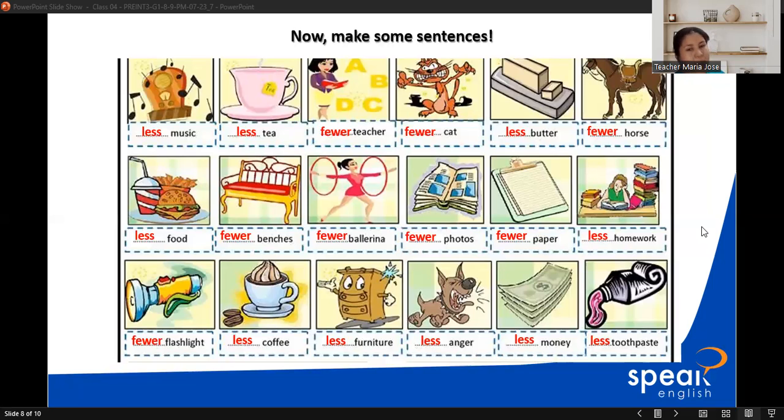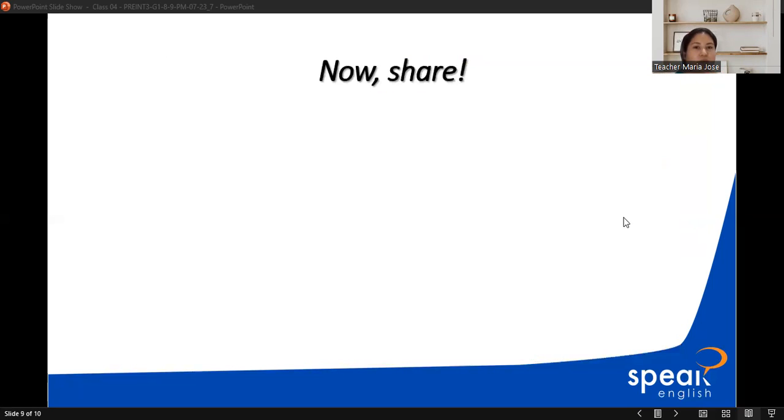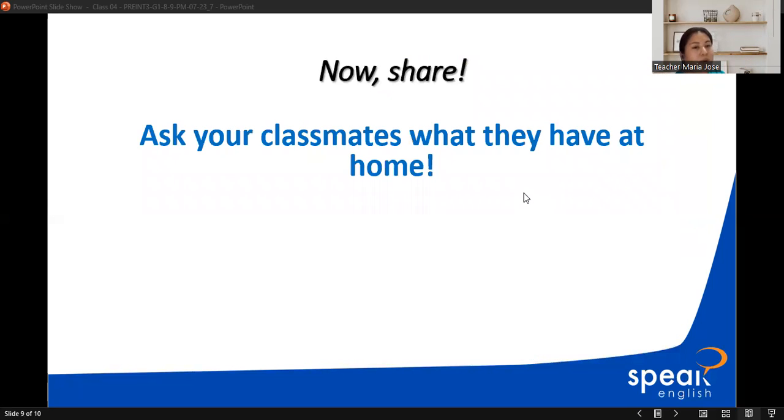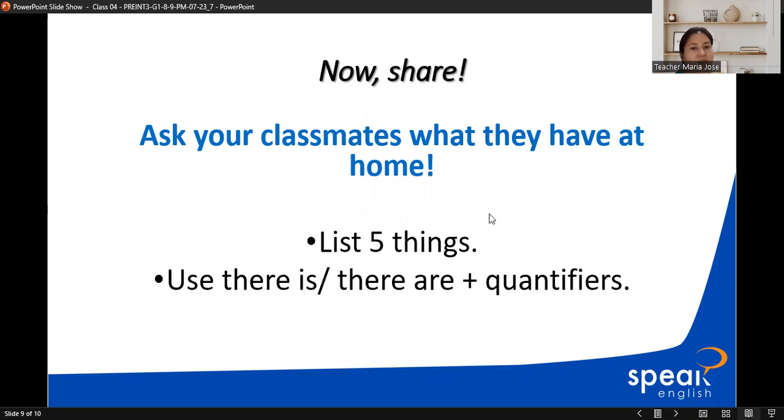So now that we have practiced all of the different structures, the last part is going to be on you. You are going back to the rooms again, and I want you to think about everything that you have in your house. I want you to make sentences for at least 5 things. If you can talk about more, perfect, but at least 5 different things, and try to use the expressions for countables and uncountables.